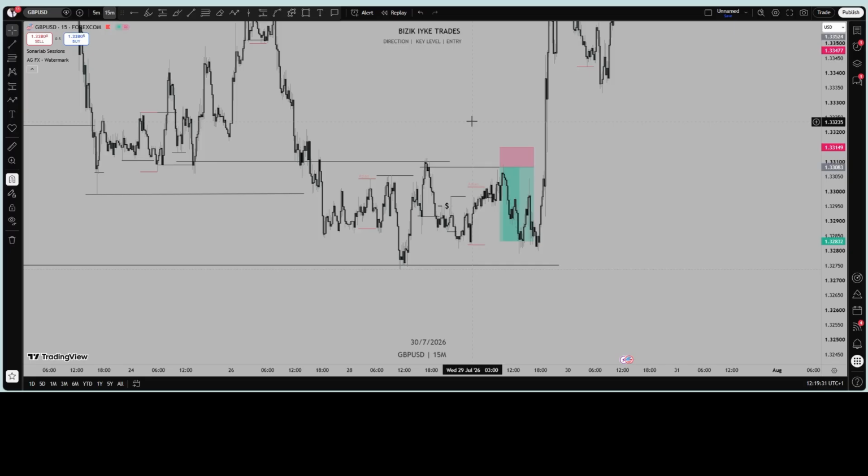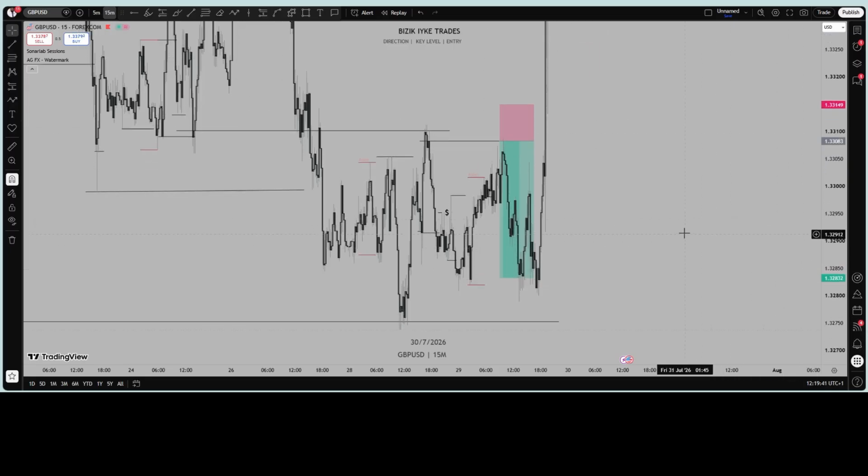Learn how to filter your points of interest. Wait for some sort of reaction around those points of interest and you execute. I bet you are going to see some changes.